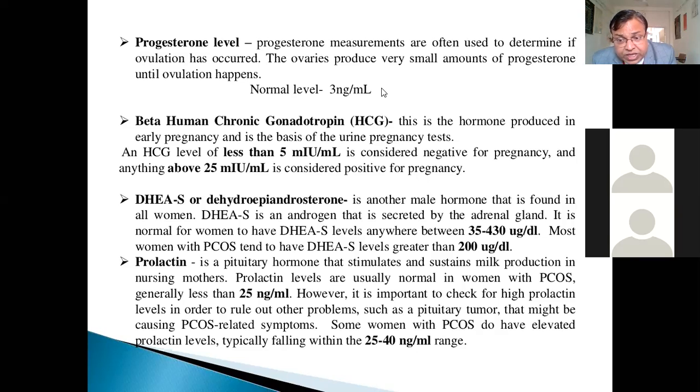However, it is important to check high prolactin levels in order to rule out other problems, such as a pituitary tumor that might cause the PCOS related symptoms. Some women with PCOS do have elevated prolactin levels, typically falling within 25 to 40 nanogram per ml. So a lactating mother has this range.